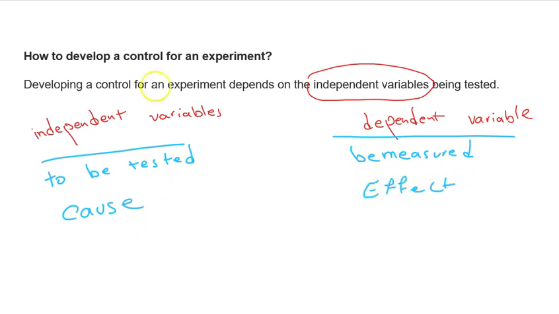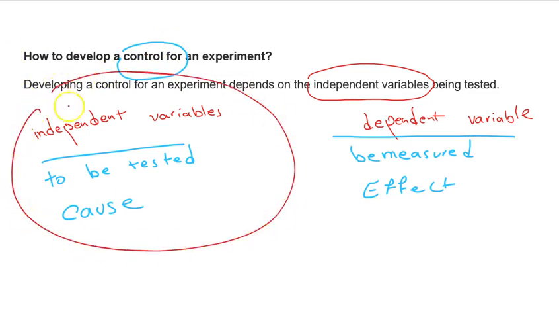So one more time, if we want to create the control for our experiment, you just need to find the independent variable and remove it, eliminate it, or set it at a standard value.